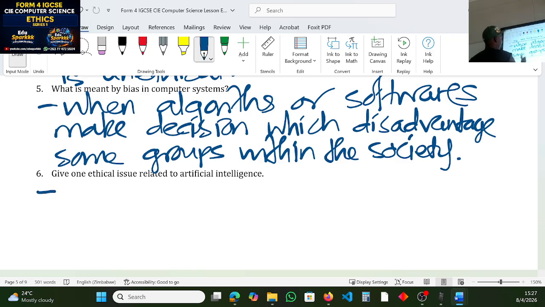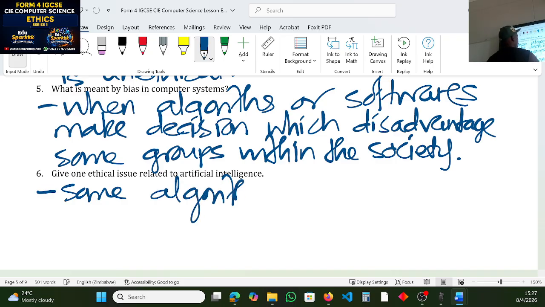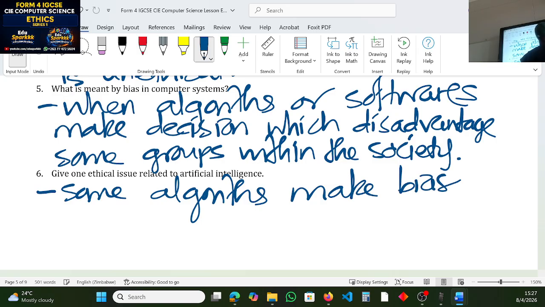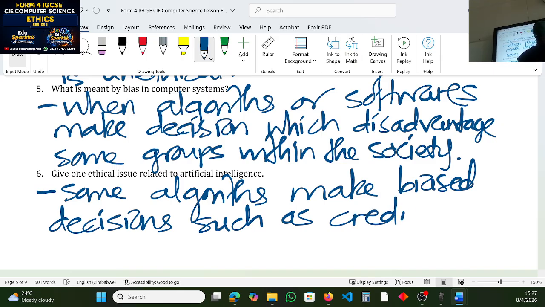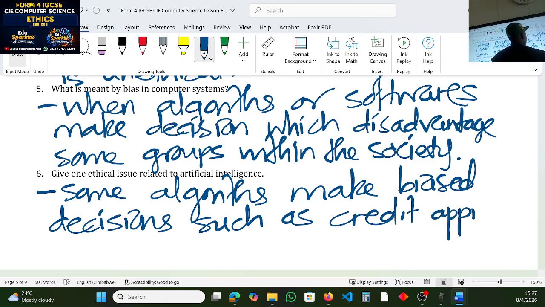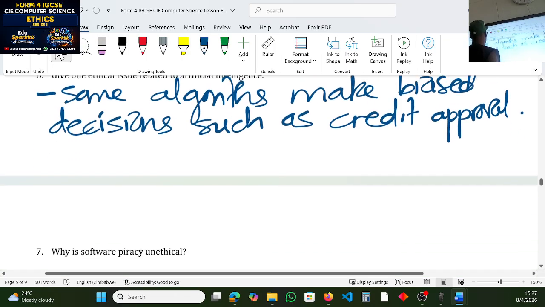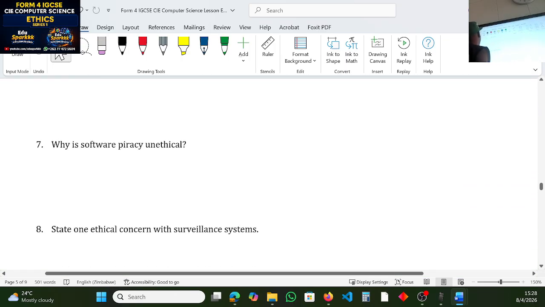So an issue related to artificial intelligence is that some algorithms make biased decisions, such as credit approvals. Sometimes it makes a decision based on just a linear instruction that the algorithm has been given.